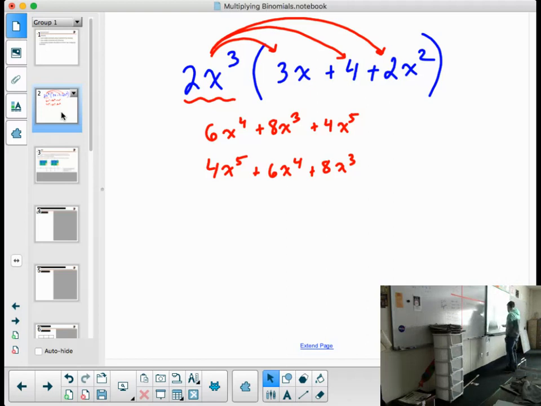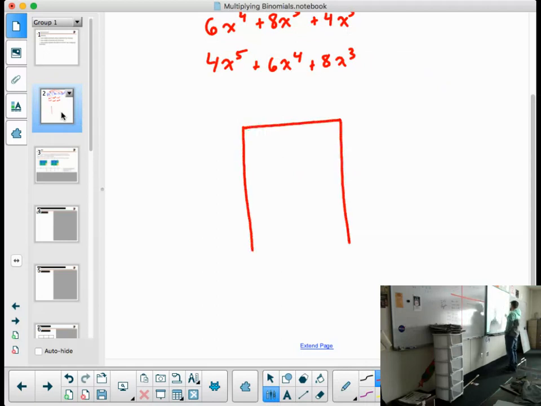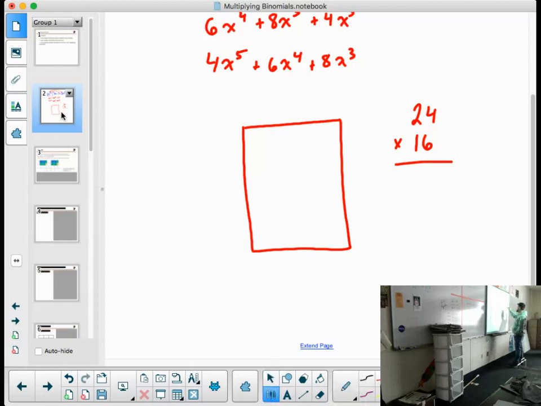All right. Now, one of the first ways I learned how to multiply was to break numbers down, to break numbers up. Let's say that we wanted to multiply the numbers 24 and 16. Now the standard algorithm is to work from top to bottom and do 4 times 6, which is 24.